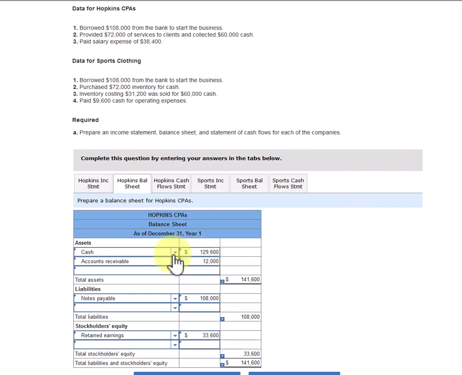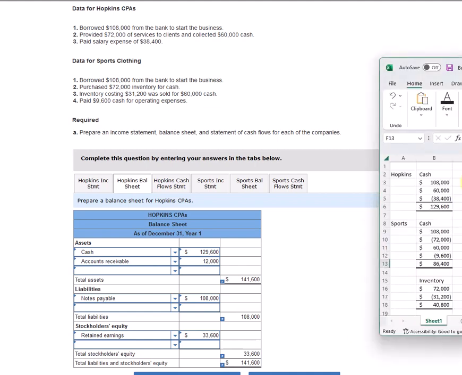All right. Cash is going to be a little bit more difficult to calculate, and I've got a spreadsheet here that I'm going to pop up for you where we're going to see how you will calculate your cash balance. You're going to start with a positive amount, which is the amount that was borrowed from the bank, because that $108,000 cash came into the business. Then you are going to add $60,000.